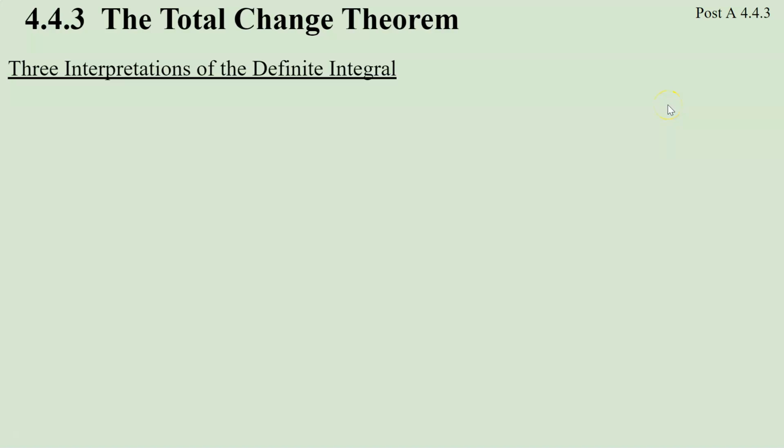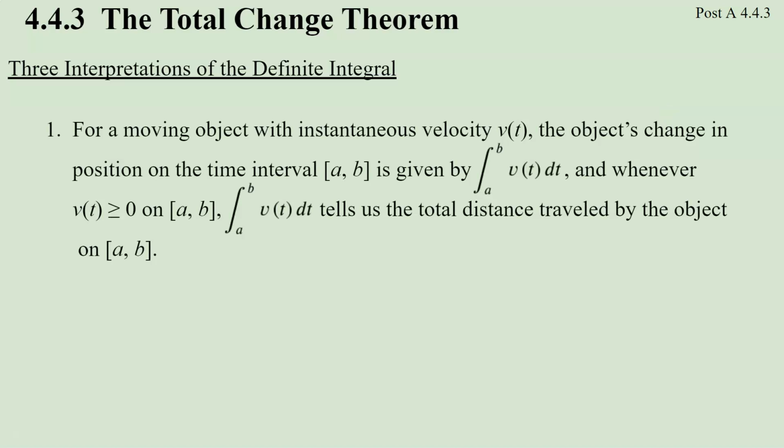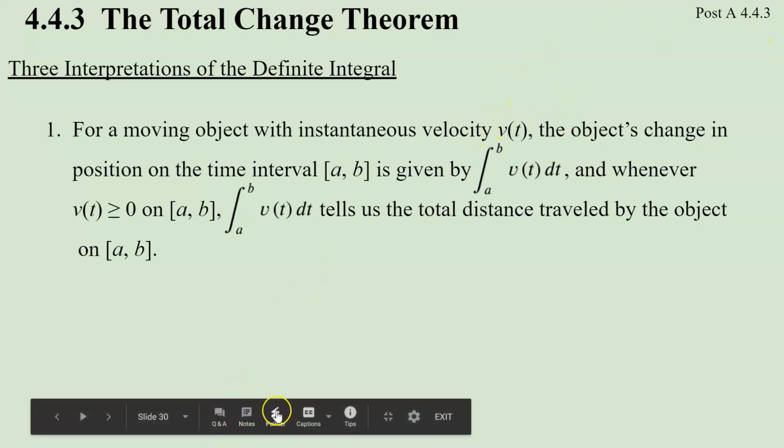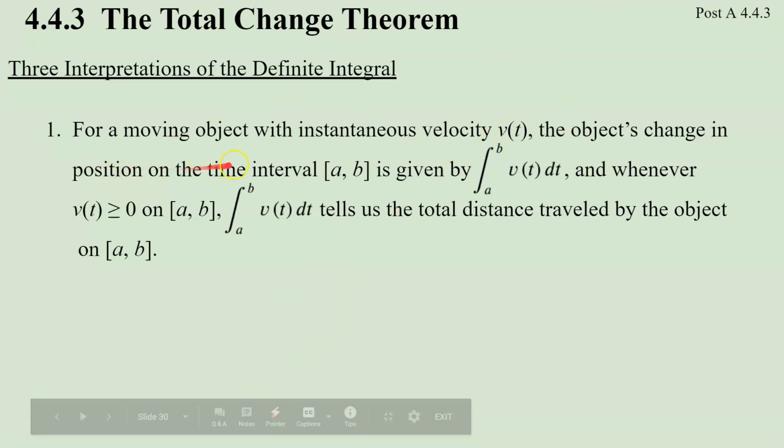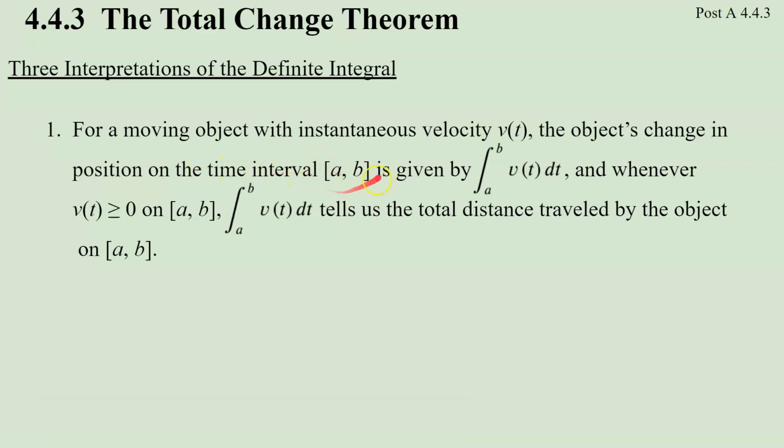So let's go through this checklist, and I'm going to go kind of fast, but you stop and pause the video to make sure that every one of these statements makes sense to you. For statement number 1: if you have a moving object with an instantaneous velocity, v of t, the object's change in position on the time interval from a to b is given by the definite integral from a to b of v of t dt.